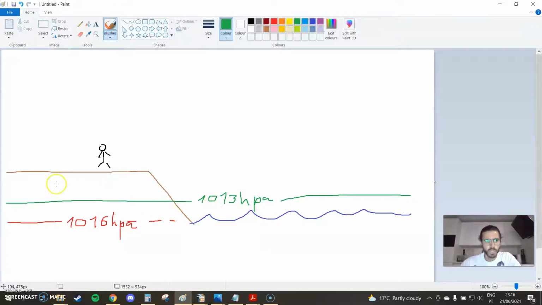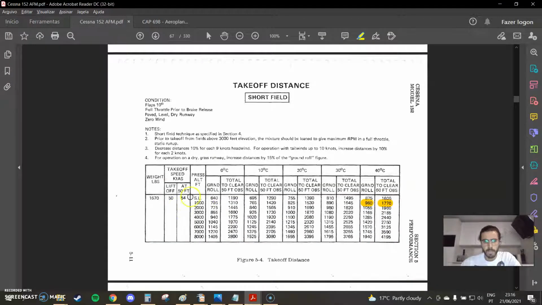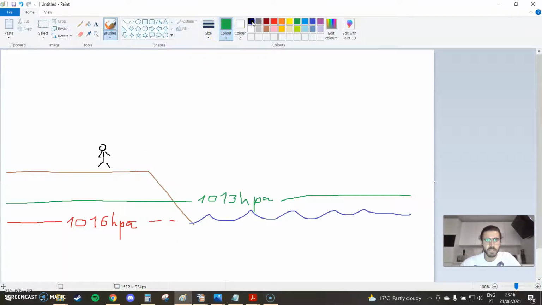And what I want, so I can use it on my graph here, is the pressure altitude, which is basically my altitude in relationship to the 1013 isobar, okay?